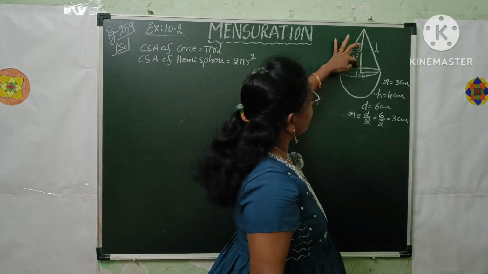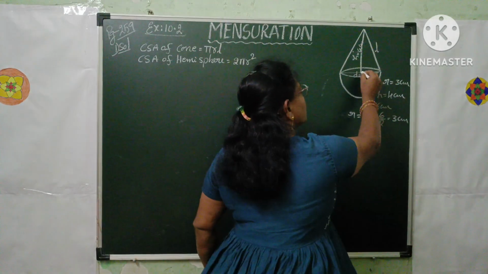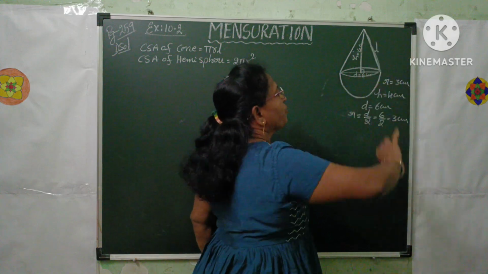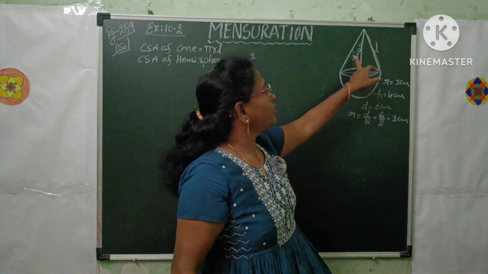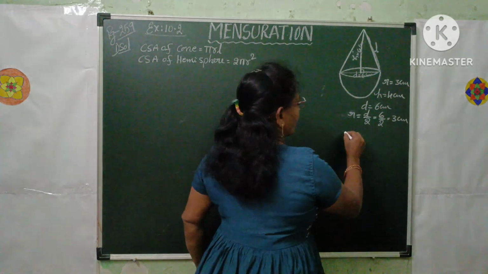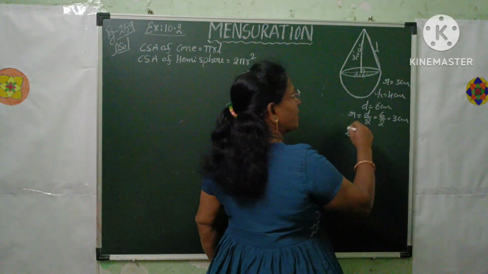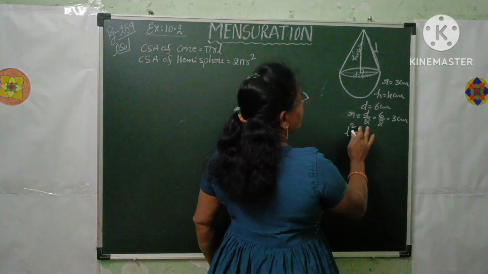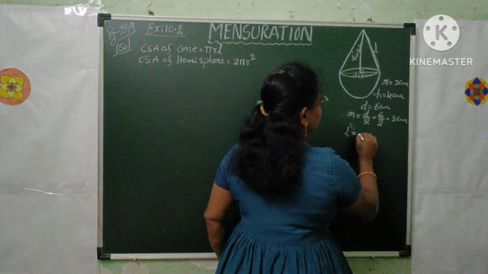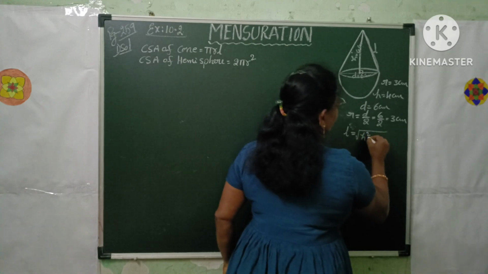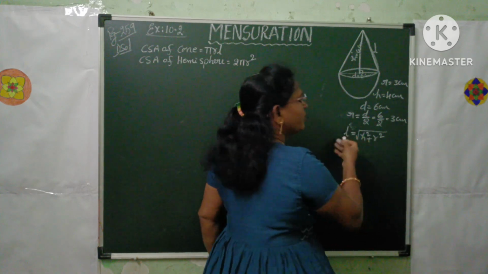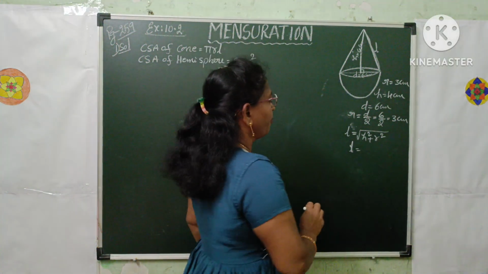Why? Because this is a right angle triangle. L as slant height is the hypotenuse, meaning hypotenuse square equals the sum of the squares of the remaining two sides. So L square equals h square plus r square, so L equals the square root of h square plus r square. Simply substitute.